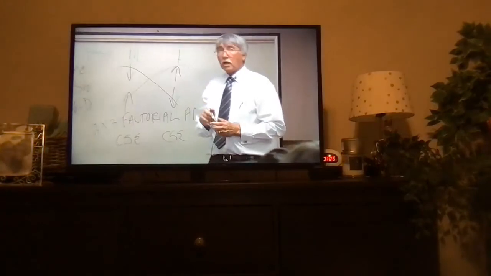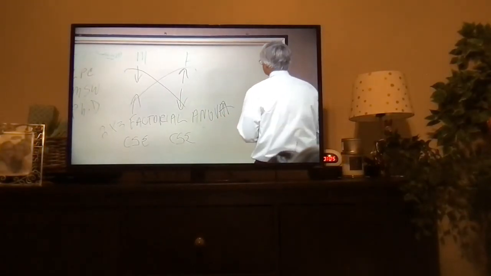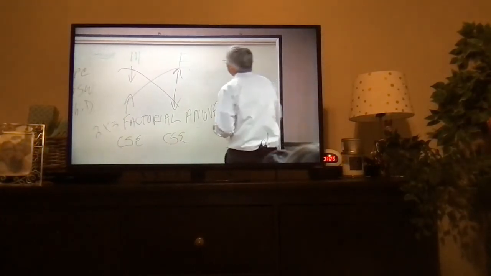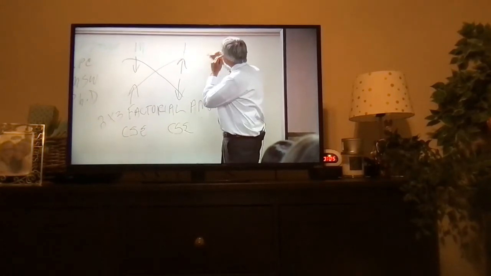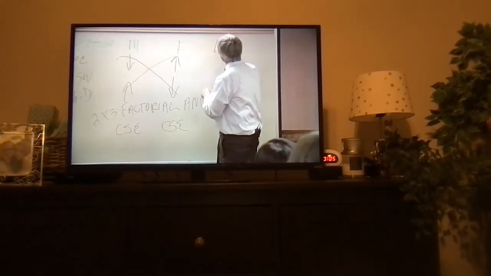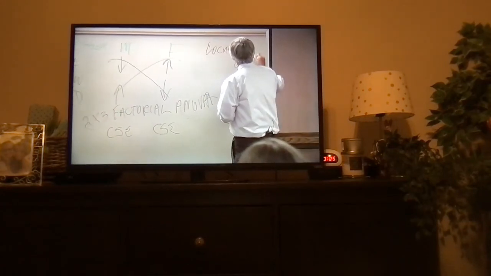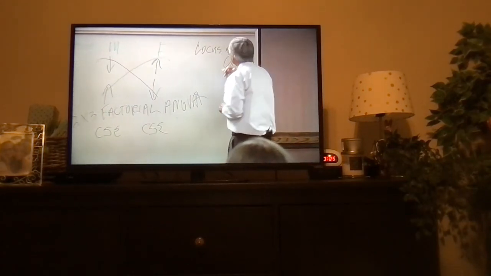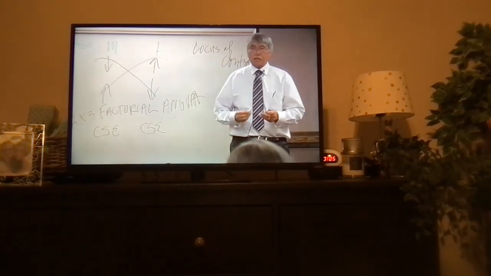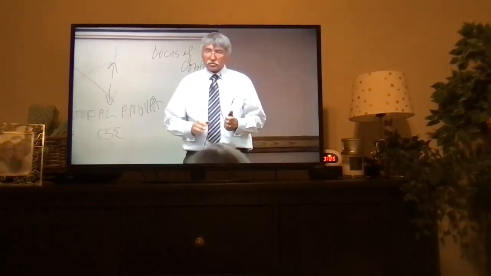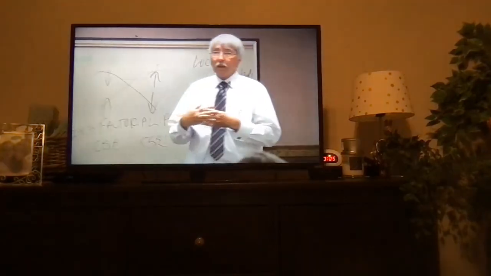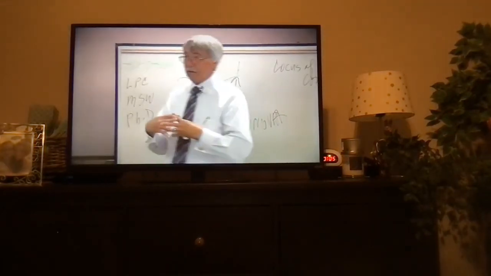Now there's one more kind of factorial analysis of variance. I am also interested in locus of control. One of the things I think that counselors do often with their clients is try to get them to look at who's controlling their stuff.